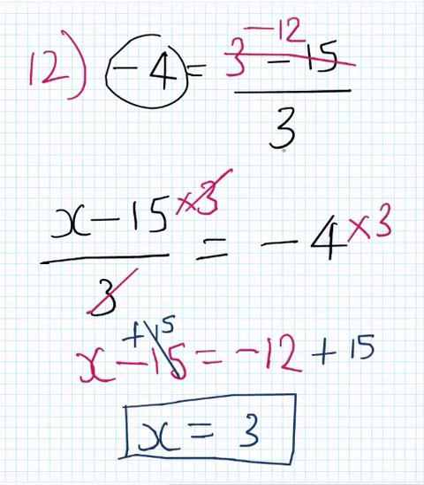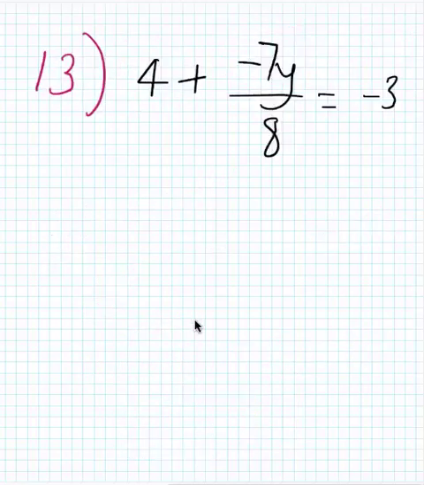And negative 12 divided by 3, you can use a calculator, is actually negative 4. And I would have negative 4 on this side equals negative 4 on that side. So the equation is true. So we have the correct solution.